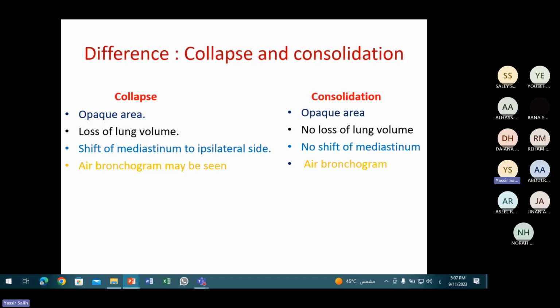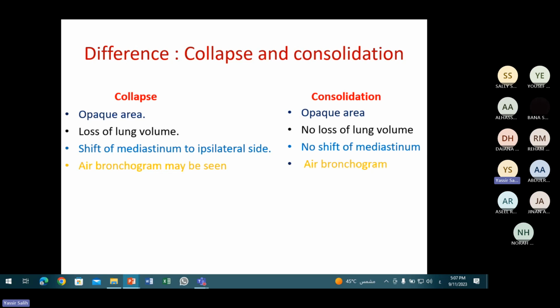The lung volume gets smaller, and there is a shift of mediastinum towards the side of collapse. So it is called ipsilateral shifting, and air bronchogram may or may not be seen. In some cases we can see air bronchogram in collapse, and this is called collapse consolidation.